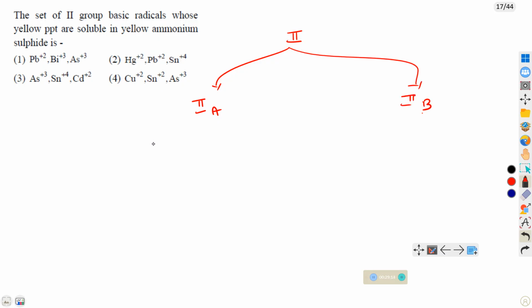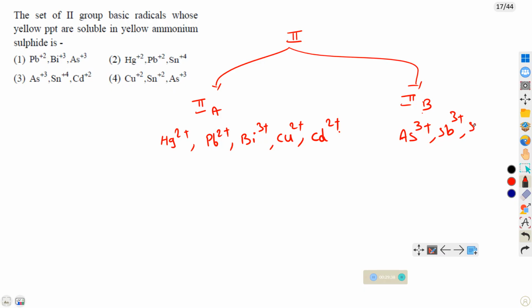Group 2A: Hg2+, Pb2+, Bi3+, Cu2+, Cd2+. 2B is arsenic, antimony, Sn2+, even Sn4+.